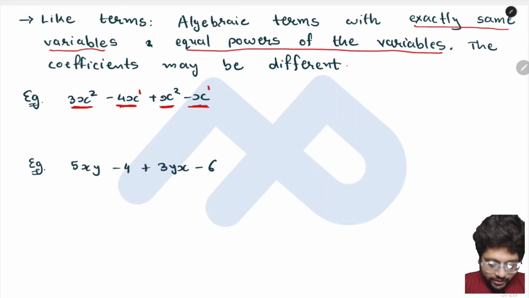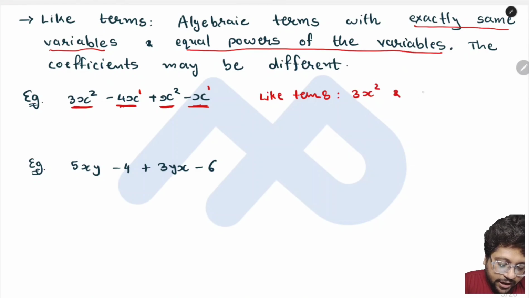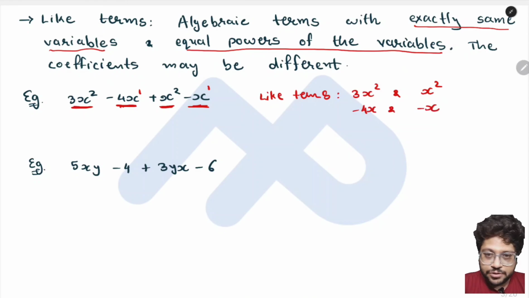So they are also like terms. So if I write the pair of like terms here, like terms are 3x square and x square, that is first pair, and minus 4x and negative x, they are also like terms.